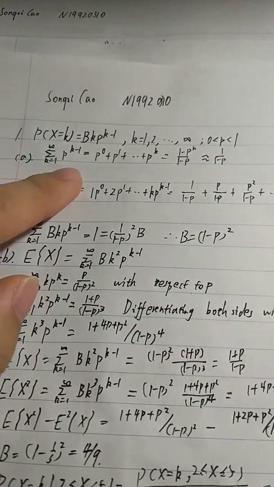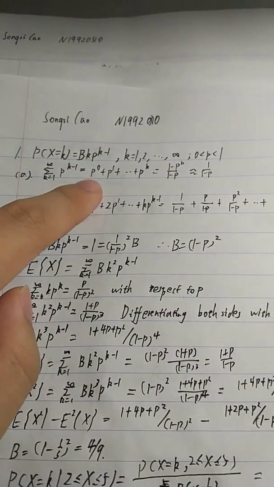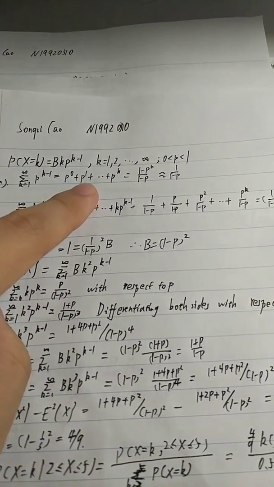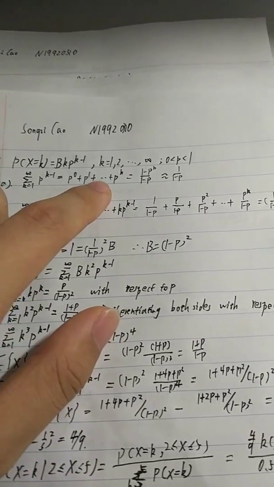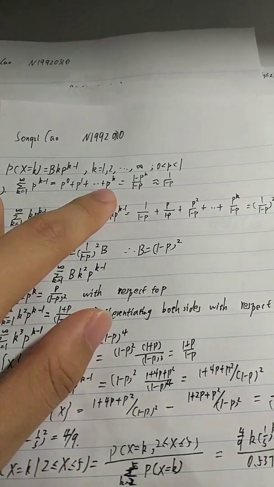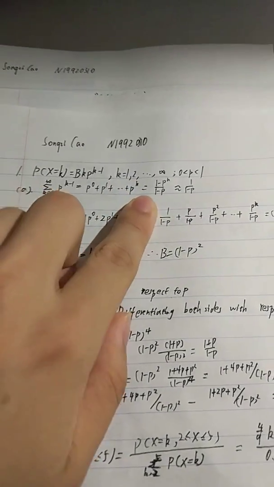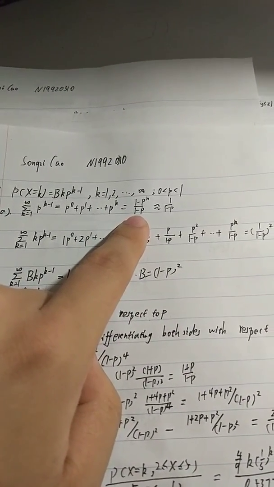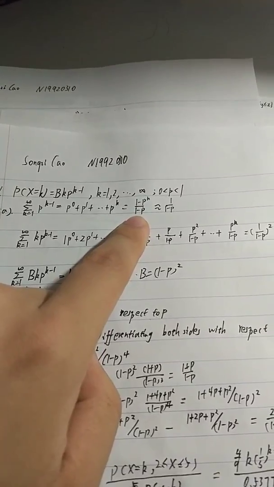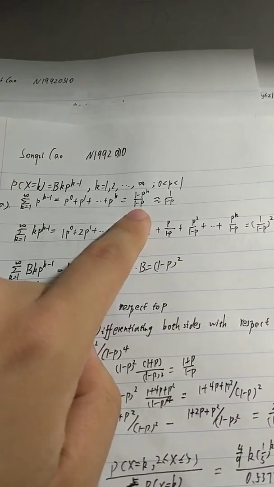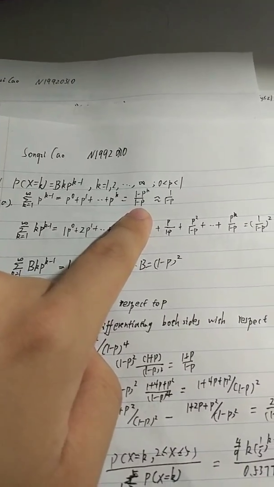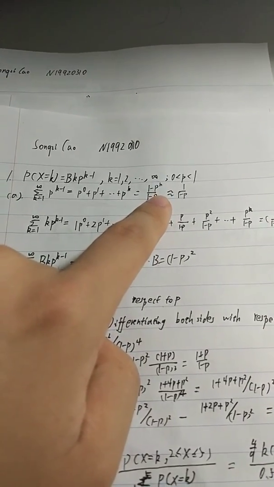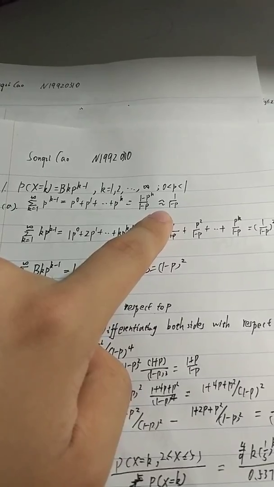For the first sequence, we know that p and p^2 to p^2k, and using the equation we can calculate that it is equal to 1 minus p^(2k) under 1 minus p^2.